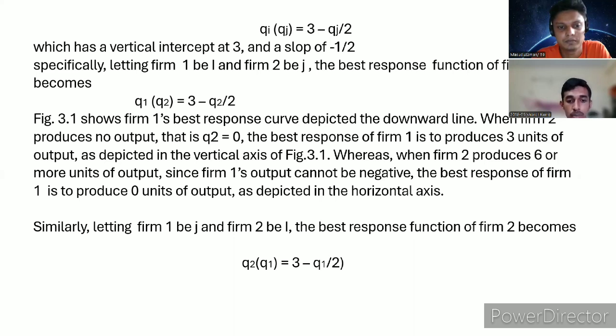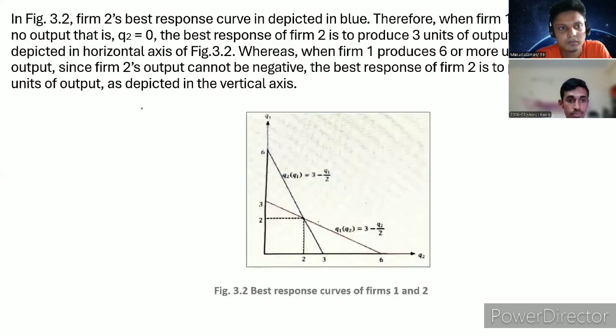Similarly, letting farm 1 be j and farm 2 be i, the best response function of farm 2 becomes this. This is farm 2's best response function. Next. In figure 3.2, we simultaneously see farm 1's and farm 2's best response functions. Farm 2's best response is depicted as the blue line.